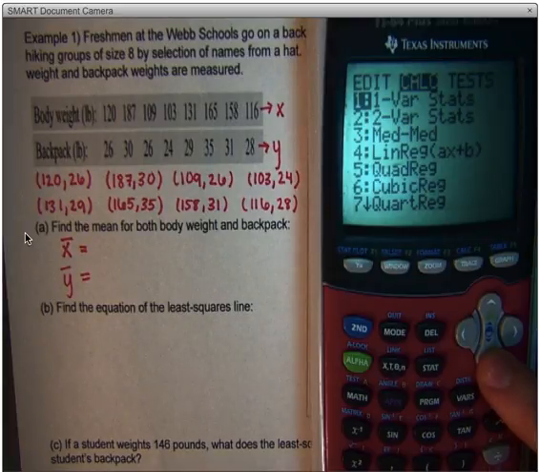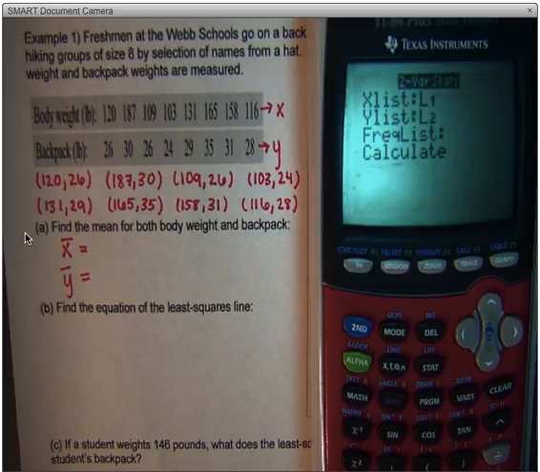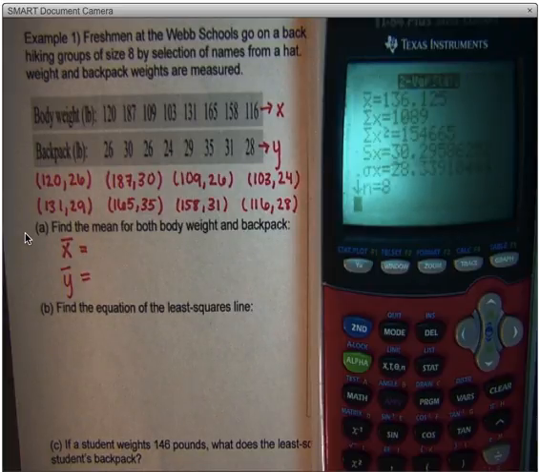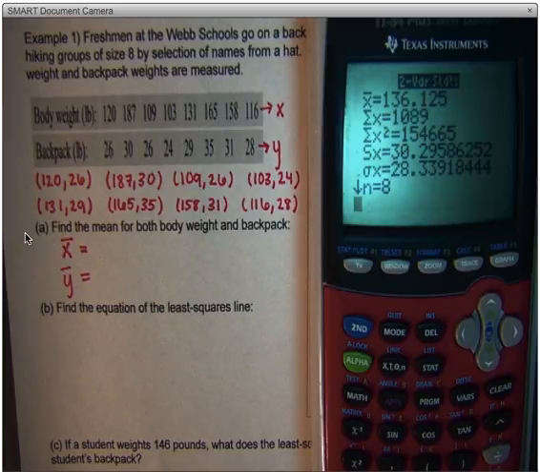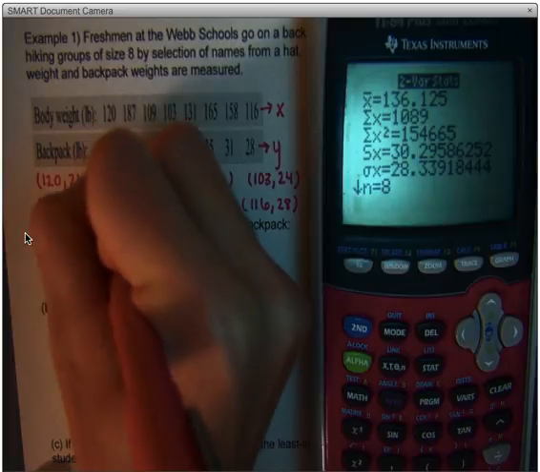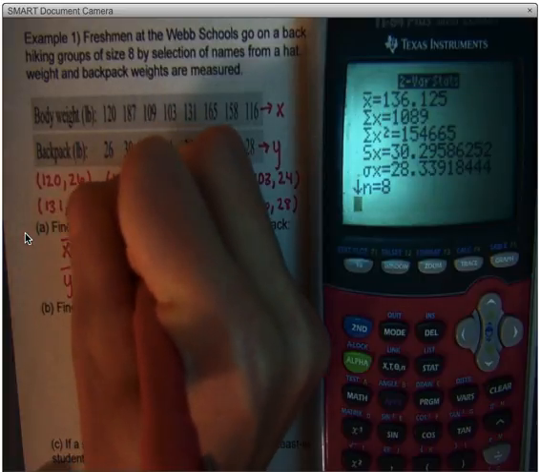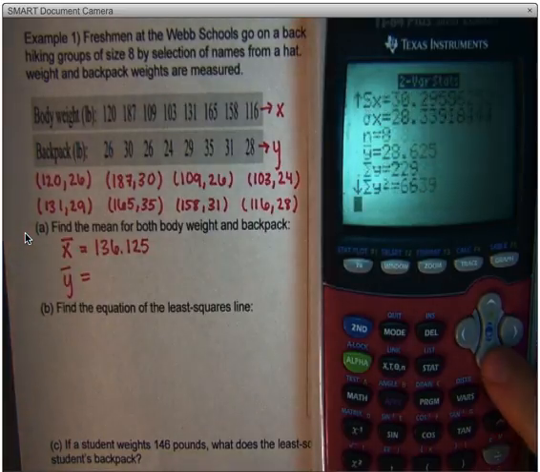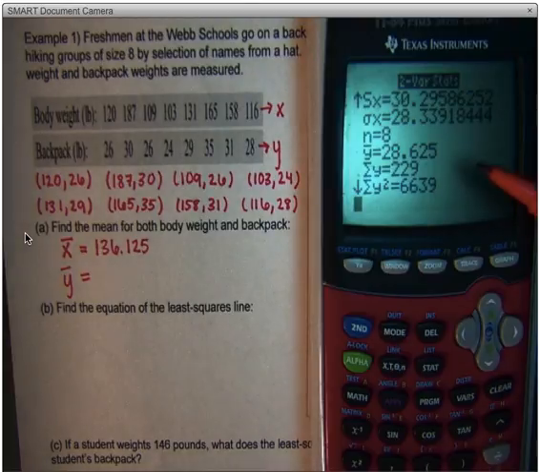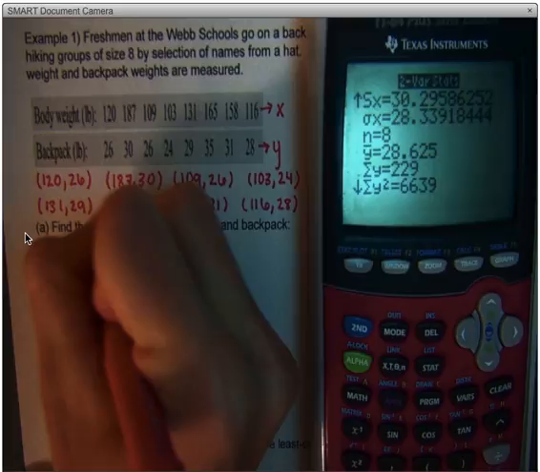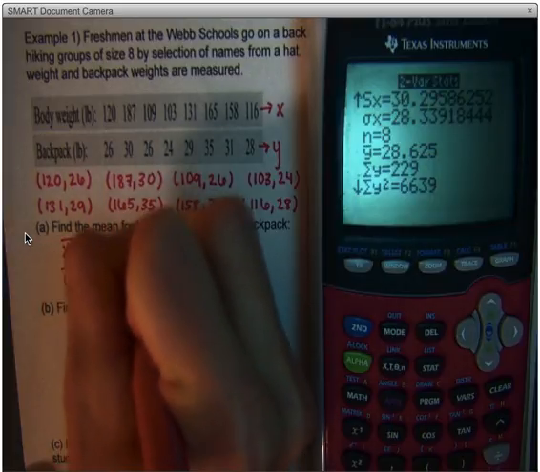We have an X and a Y, so scroll down to number 2, which is 2 variable stats, and then go through and calculate. So we should see that our X bar is 136.125. Scroll down and then you should find Y bar. So Y bar is 28.625.